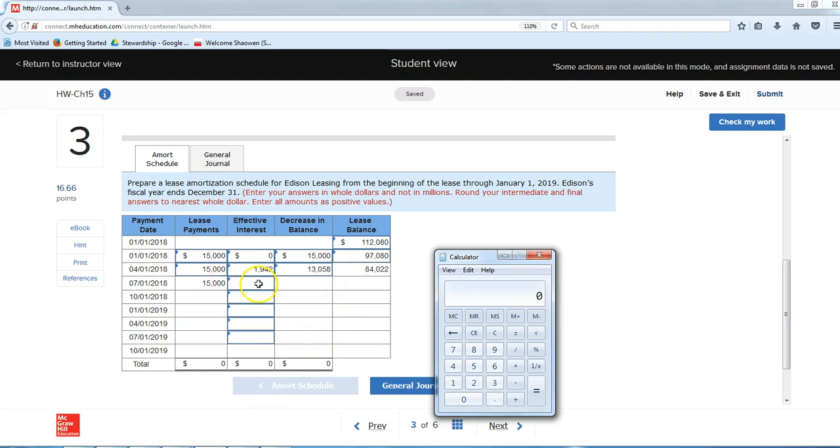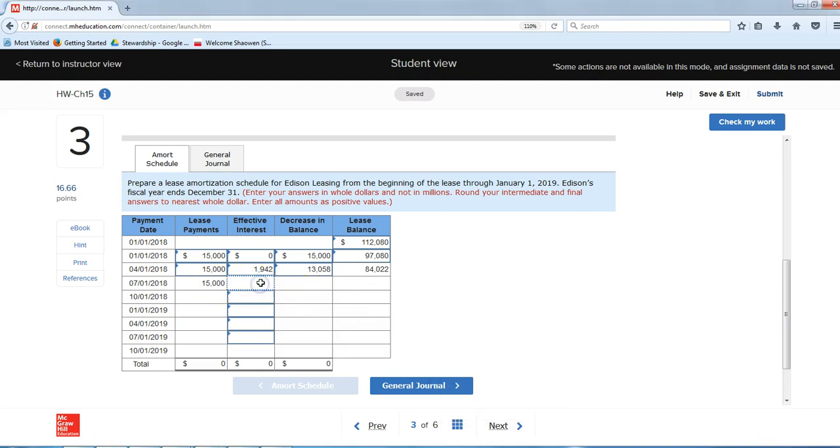For July 1st, the interest revenue will be the previous balance multiplied by 2% interest rate. This is a quarterly rate, so 1,680. We don't even need to calculate the decrease in balance column.